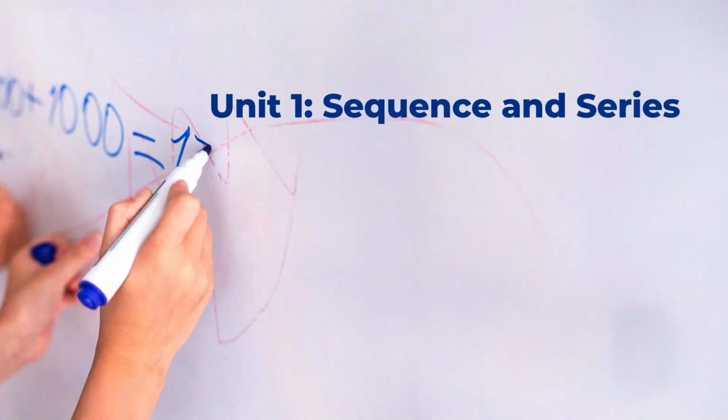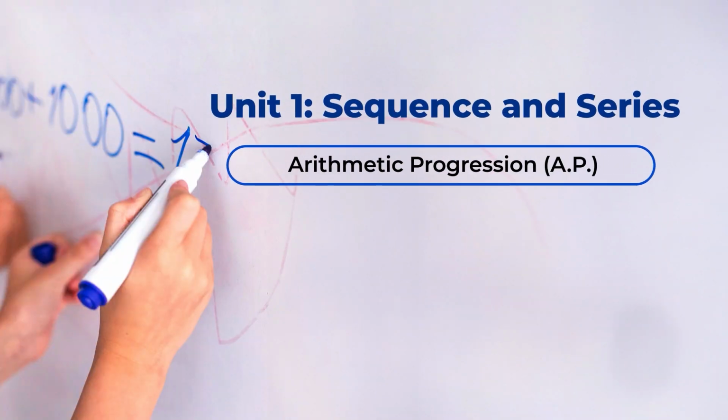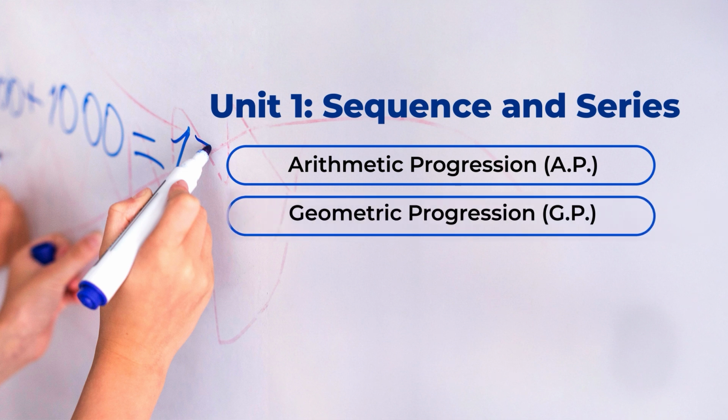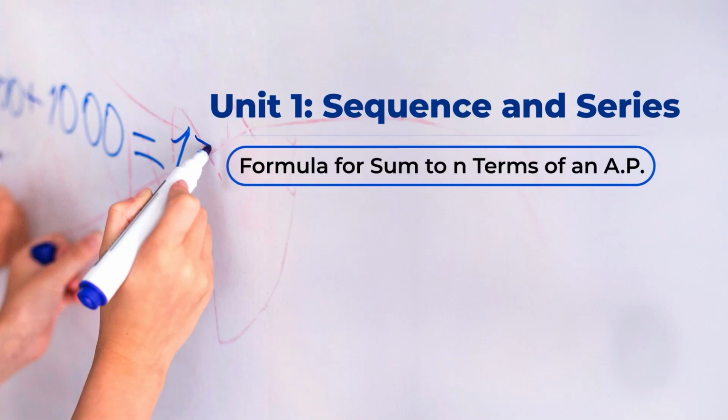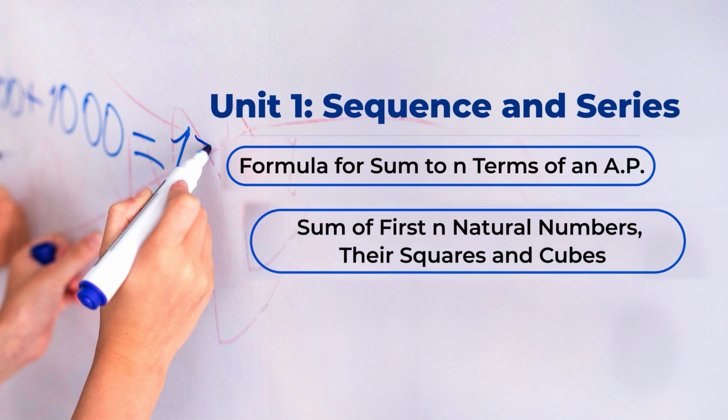Apart from this, we are going to understand different types of progressions like arithmetic progression, geometric progression, harmonic progression, arithmetic-geometric progression, and also learn to find the formula for the sum of n terms of an arithmetic progression and the sum of the first n natural numbers, their squares and cubes.